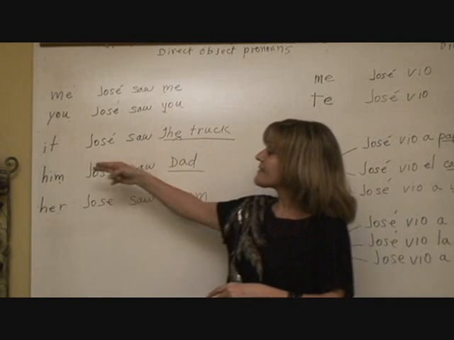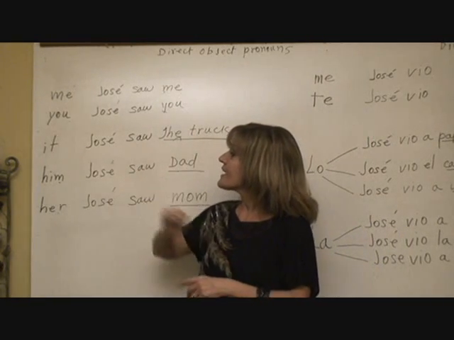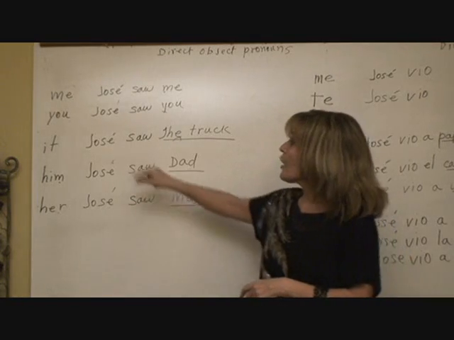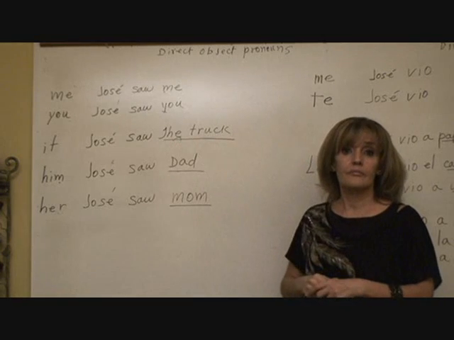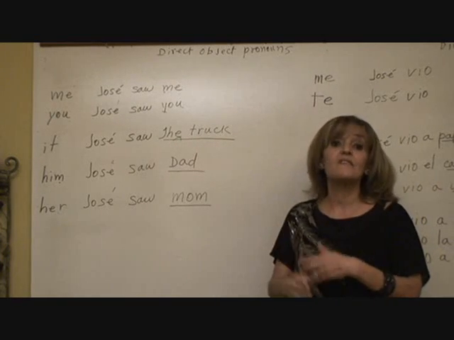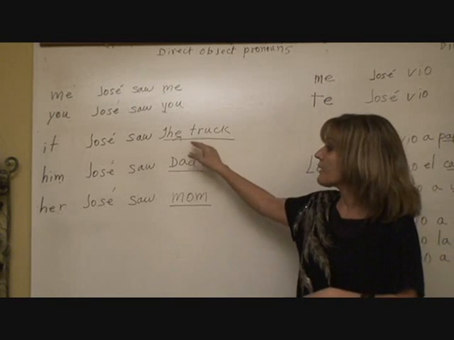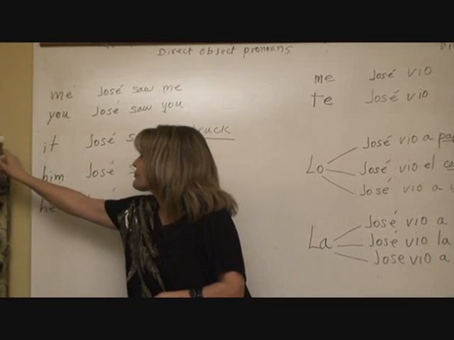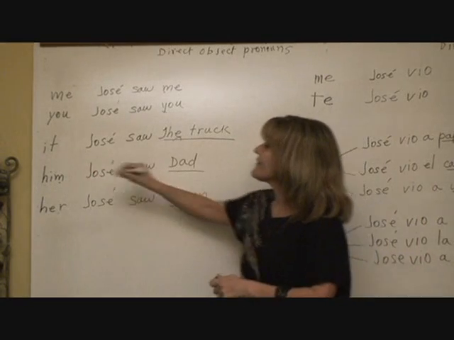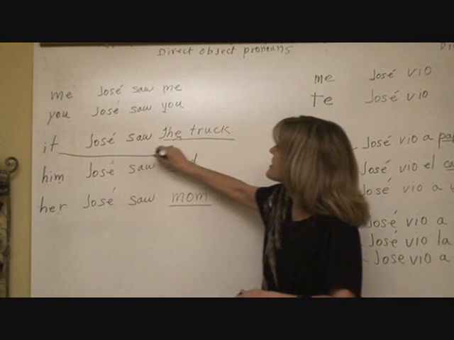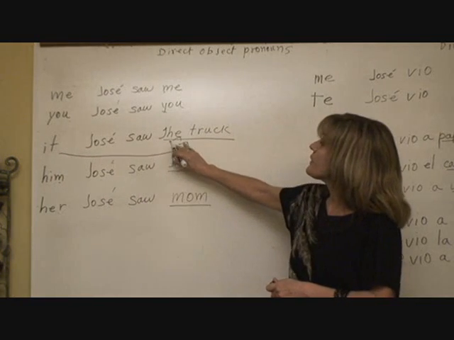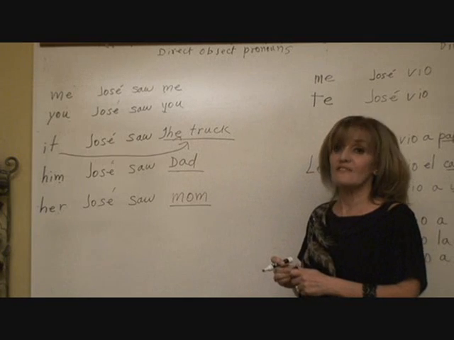The next object pronoun in English is it. Jose saw the truck. Jose saw what? The truck. Therefore, the direct object pronoun it replaces the direct object, which in this case is truck.